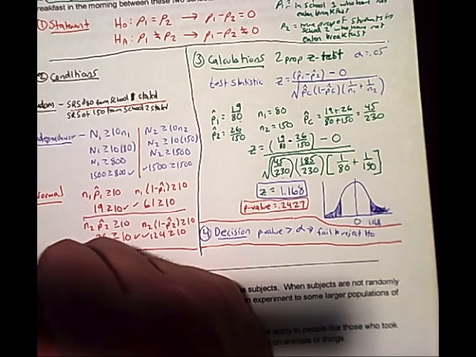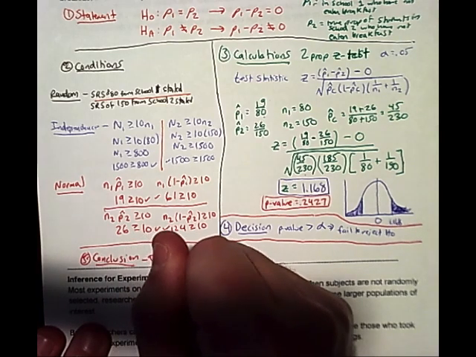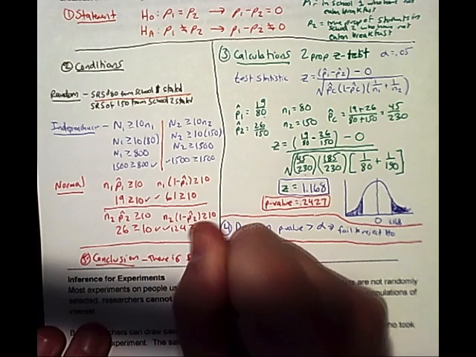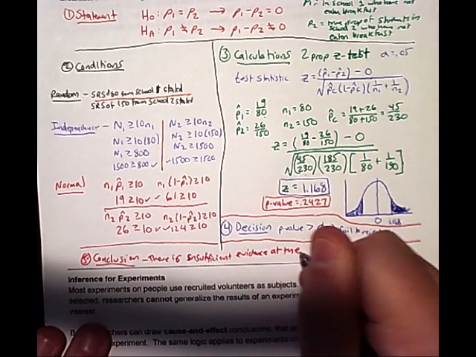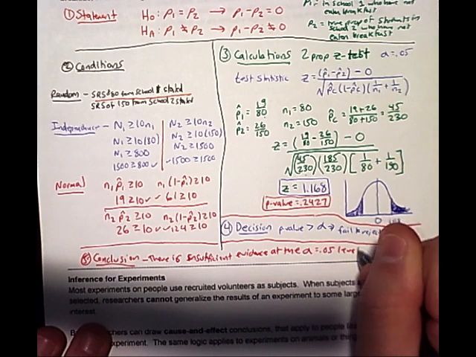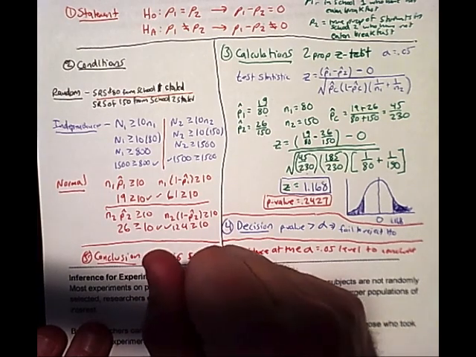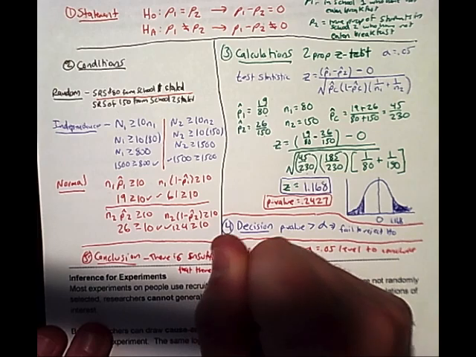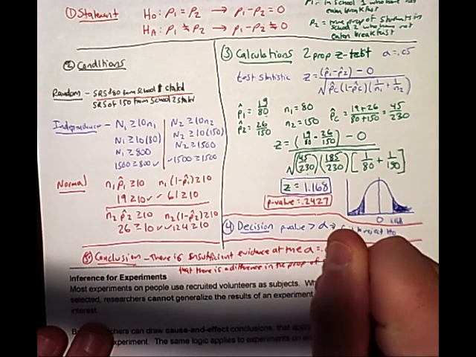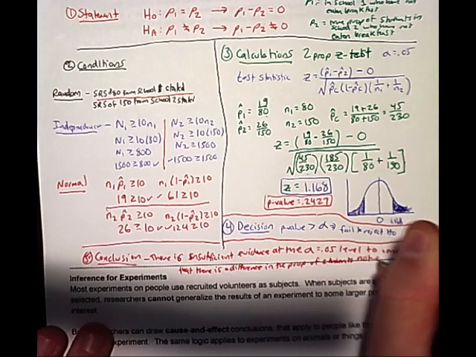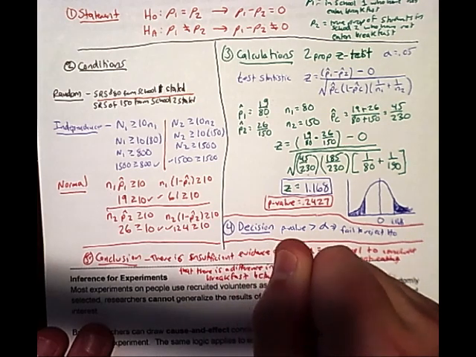So here, conclusion. There is insufficient evidence at the alpha equals 0.05 level to conclude that there is a difference in the proportion of students not eating breakfast between the schools.